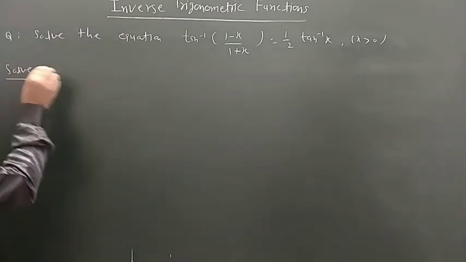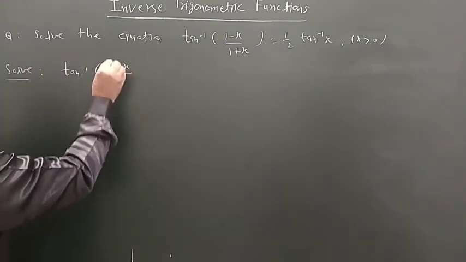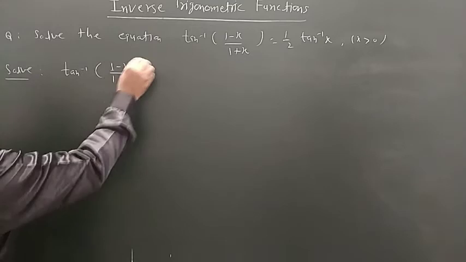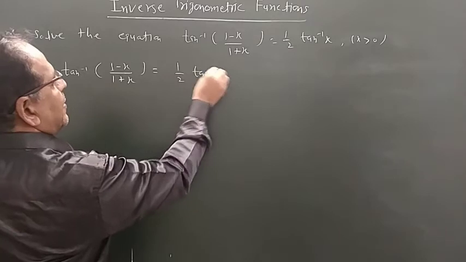Now we start. Tan inverse (1 minus x upon 1 plus x) equal to 1 upon 2 tan inverse x.